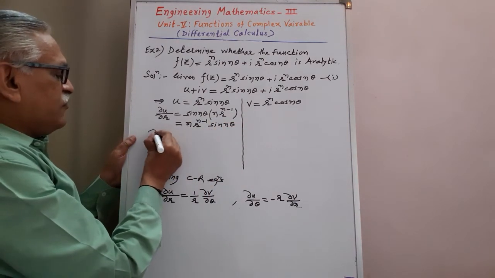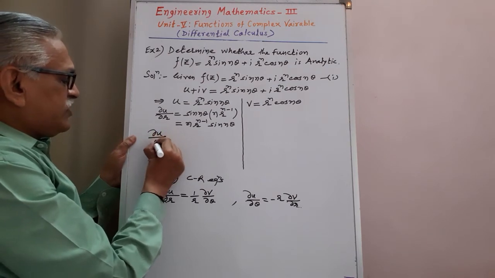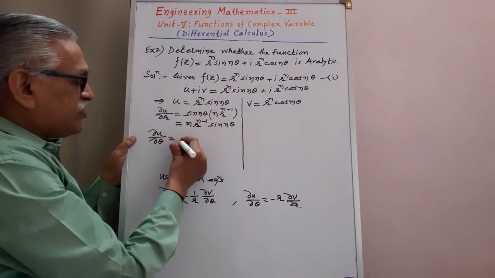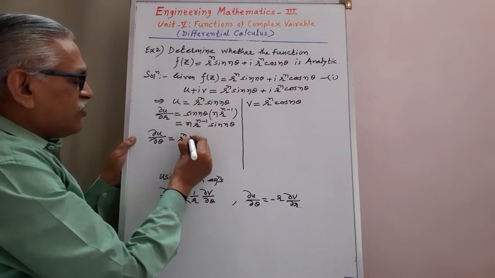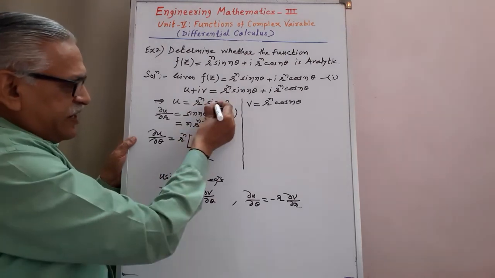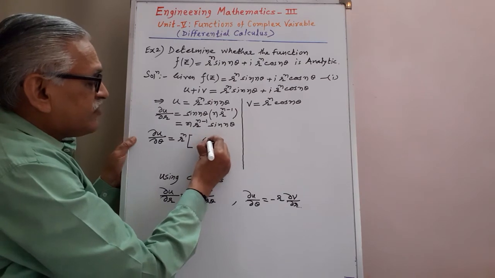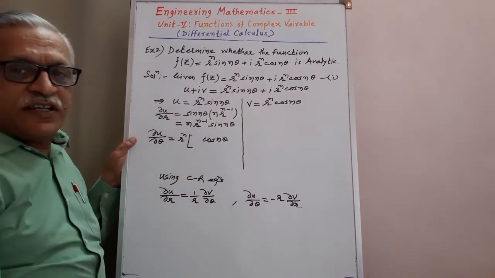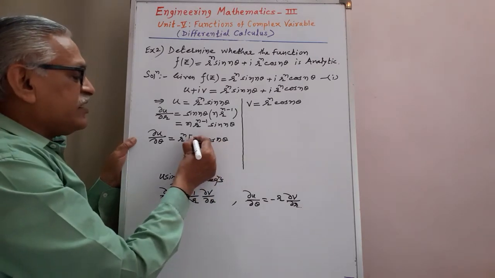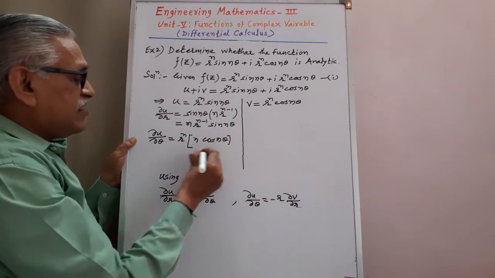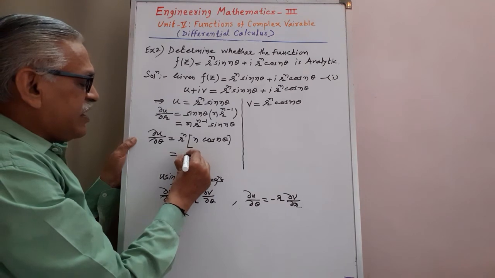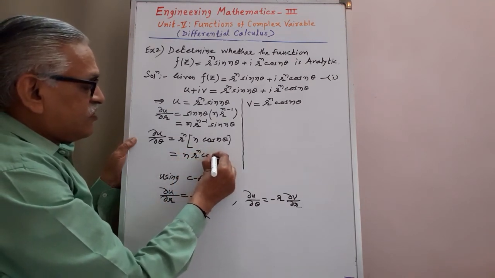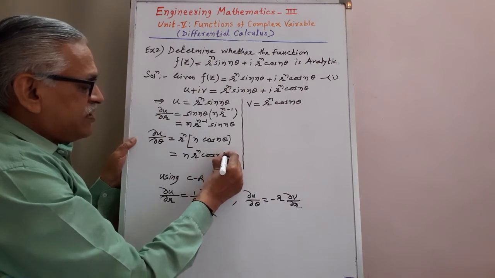Then differentiating u with respect to theta, this time keeping r constant, means that r raised to n term is constant term outside. Derivative of sine is cos of n theta, chain rule. Derivative of n theta with respect to theta is n, and therefore it is n r raised to n cos of n theta.